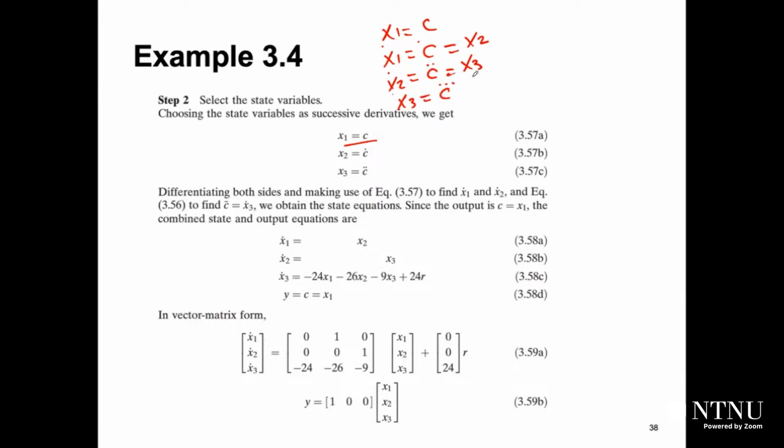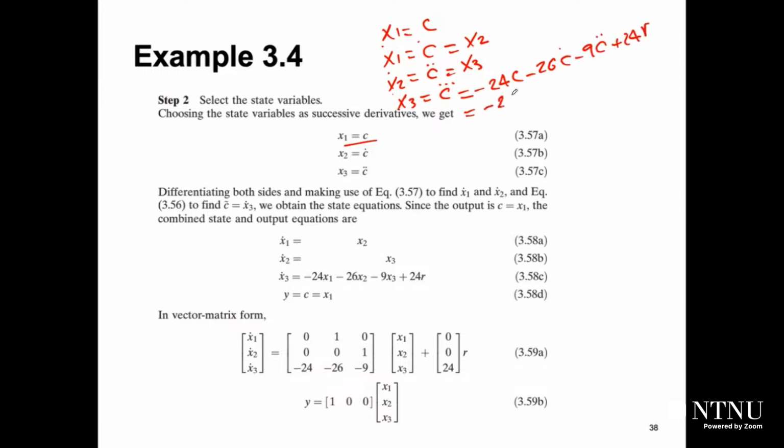We go to the differential equation to find c triple dot, which is minus 24c minus 26 c dot minus 9 c double dot plus 24r.